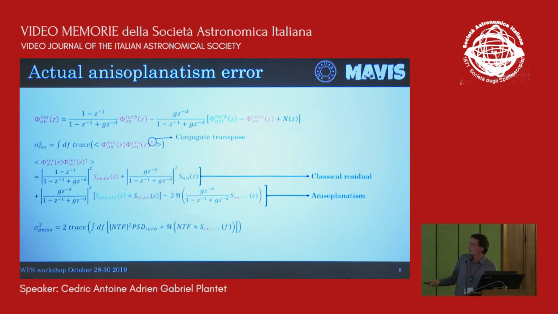And so in the end, you have this expression, which is different from the previous expression. So it's just to say that the effect of the loop on the anisoplanatism should be taken into account, which is not what we're doing right now. I mean, for Harmony and Maury, but well, now we could do that.